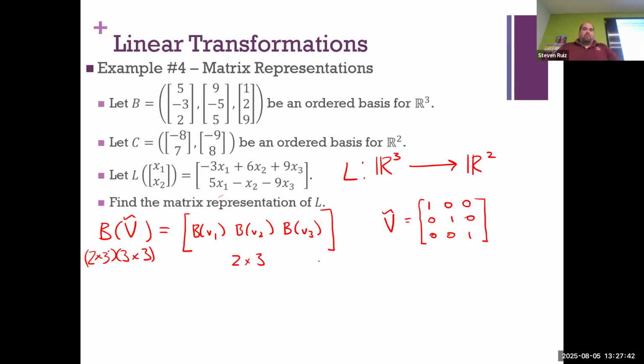If that's true, can we say what B is? Would you agree that B times V tilde is just going to be B? Why am I allowed to say that? If V tilde is the identity, what do I get when I multiply B times the identity?